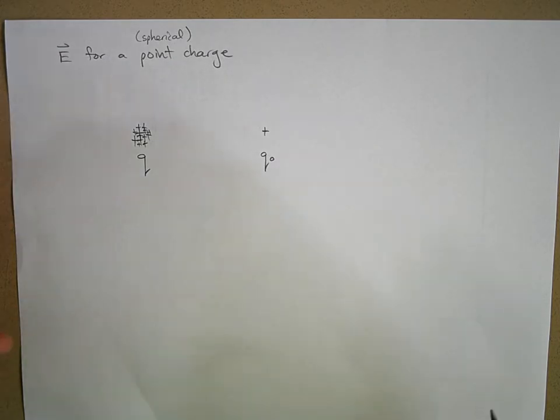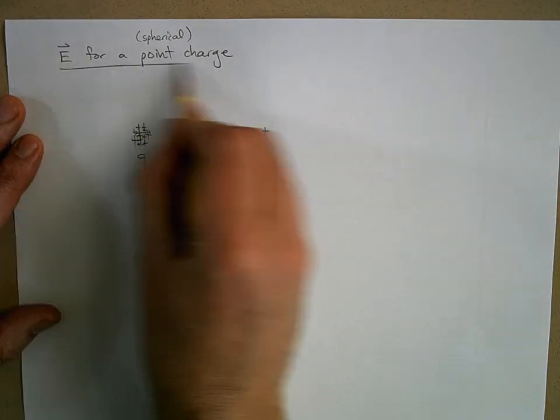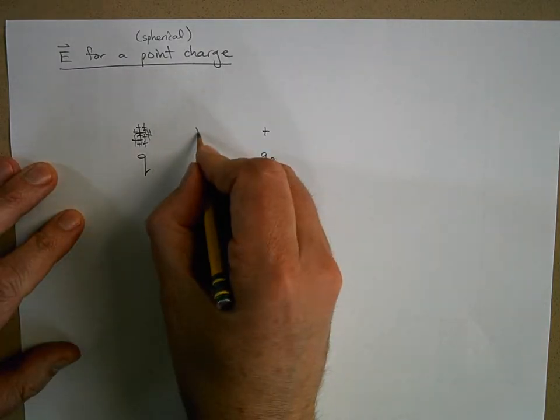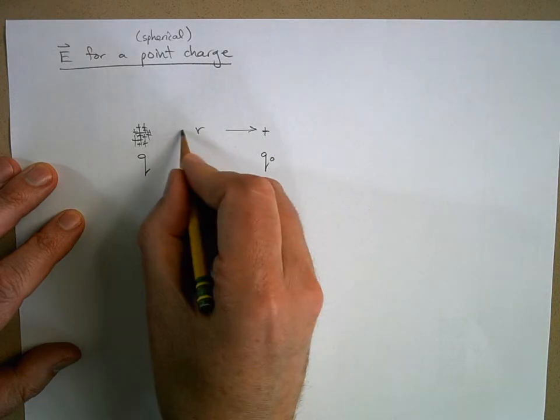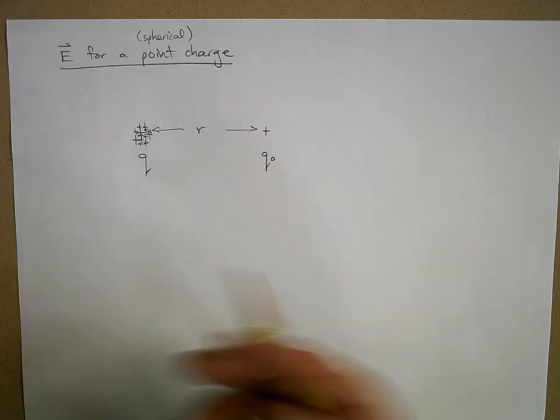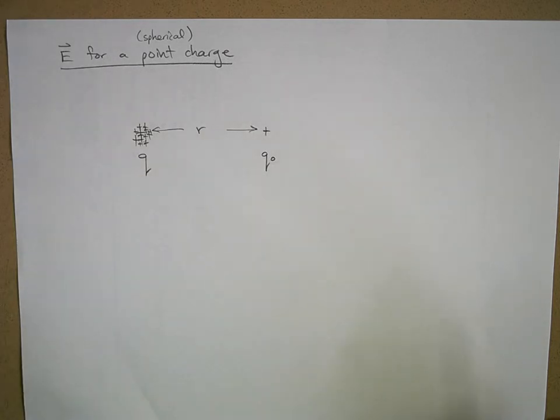Well, let me ask you this. What is the force between these two objects? Can we calculate it? Let's say the distance between them is r. Sure, I can calculate the force between these two charges. What do I use to calculate the force between 2 point charges? I use Coulomb's law.